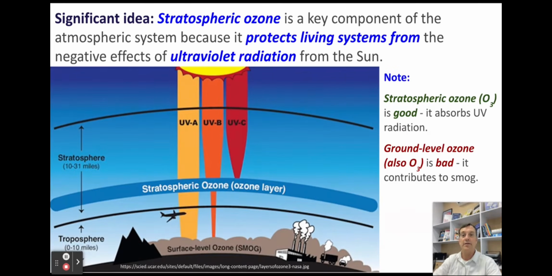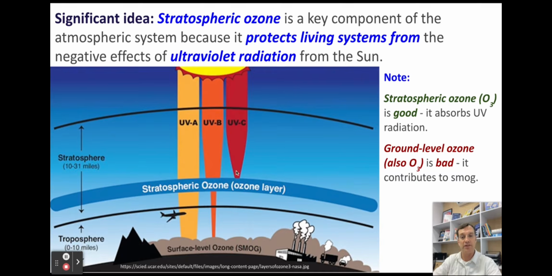The big idea here is that ozone found in the stratosphere protects living organisms on the surface of the planet from the sun's ultraviolet radiation. In this image, you can see that ozone found in the lower stratosphere is called stratospheric ozone, and that is beneficial because it absorbs this ultraviolet radiation.